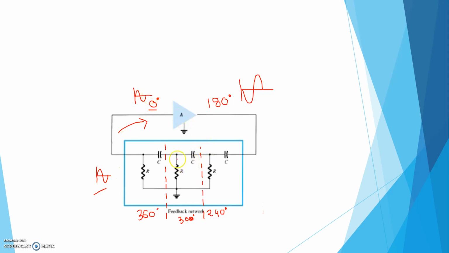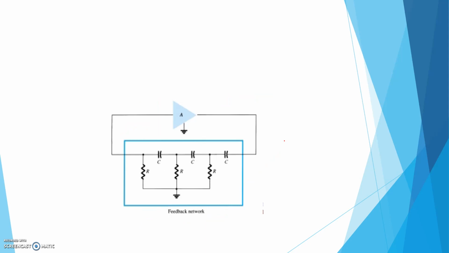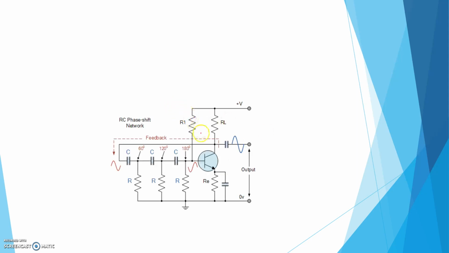So after complete rotation we are getting 360 degree phase shift. In such a way we can satisfy both the Barkhausen criteria, in terms of magnitude and in terms of phase. So this is the basic feedback network which can be used in a phase shift oscillator. If you want to know the practical application, I will discuss it in detail in my next videos.